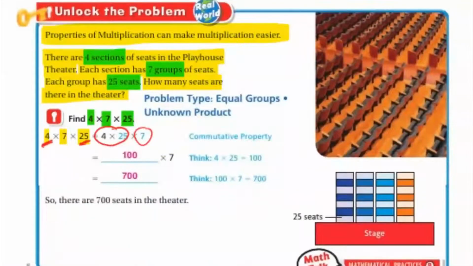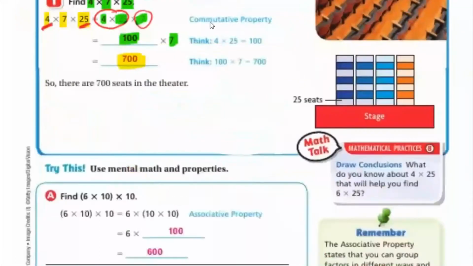You have to keep in your mind this: 4 multiplied by 25 will be 100. And put the 7 as the same here. It's very easy now to multiply 100 by 7 equals 700. So there are 700 seats in this theater.